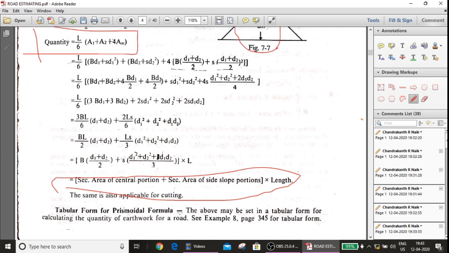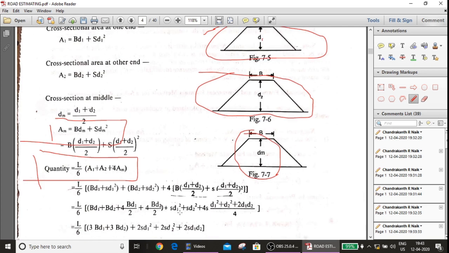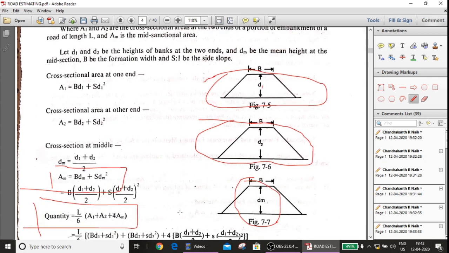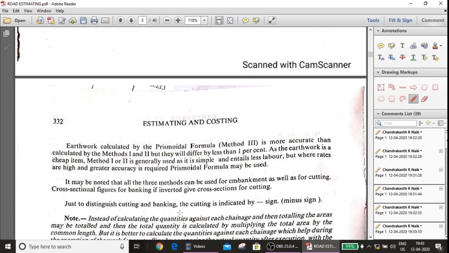Okay, now we saw the three methods. Method 1 was the mid sectional area method, method 2 the mean sectional area method, method 3 the prismoidal formula method. And the prismoidal formula method is more accurate than the other two, but they will differ by less than 1%.